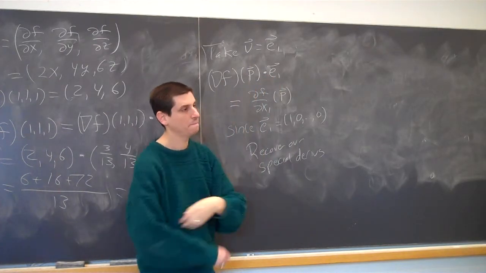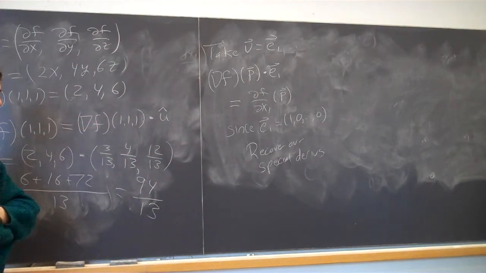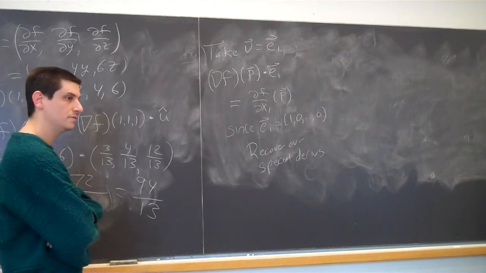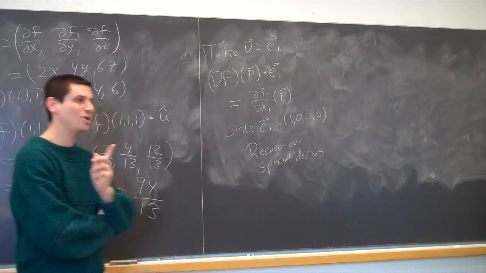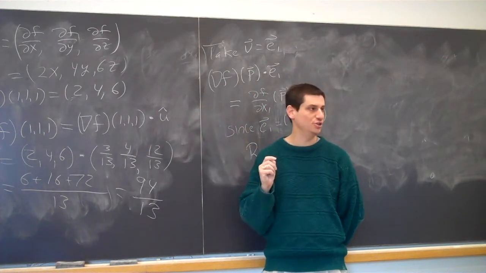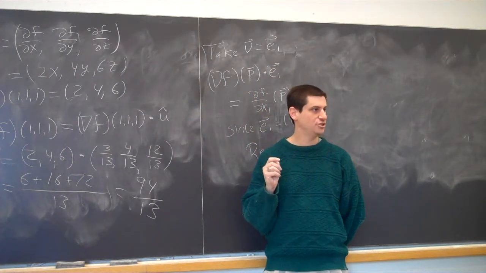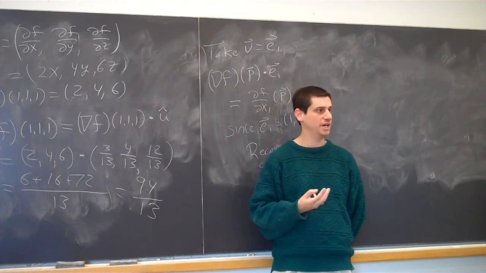If you look at the way I stated the problem, I said I want to find the directional derivative in the direction of u. And so, when I'm trying to compare things, I want to make sure I'm comparing apples and apples.